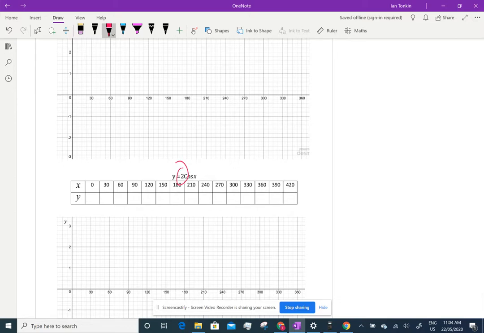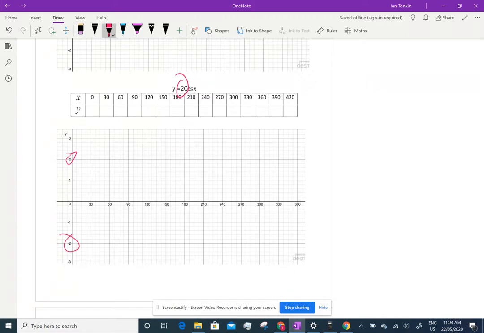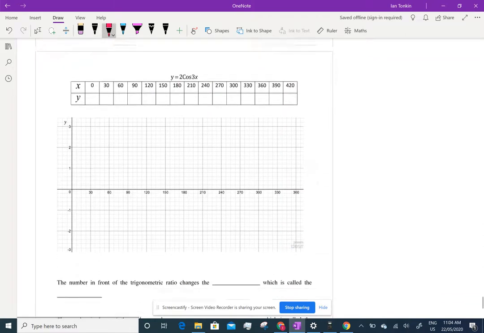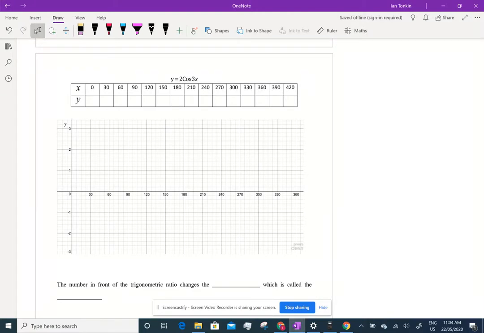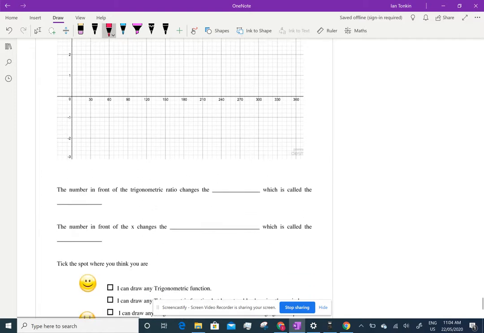It's going to shift it so it goes up and down between 2 and -2. And then you put them both together. It's going to squish 3 of them in and up and down to -2. So the number in front of a trig ratio changes the height through which it passes.